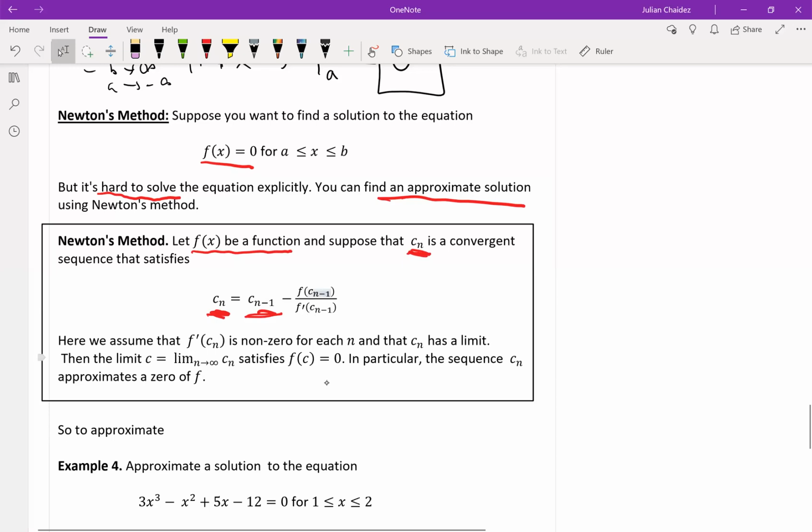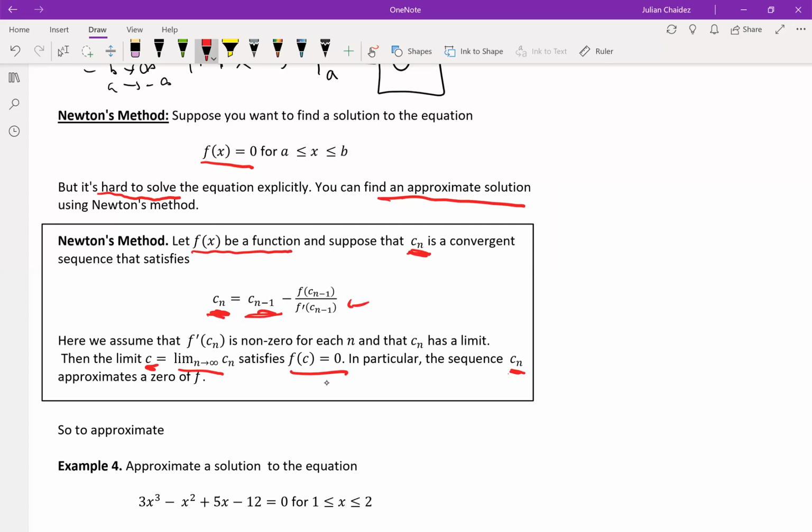Here we're assuming that this fraction is well defined, so f prime of Cn is non-zero for each n, and that Cn has a limit. In this situation, the limit of the sequence is a 0 of f. That means that as n gets larger, the sequence will converge to a 0 of f.